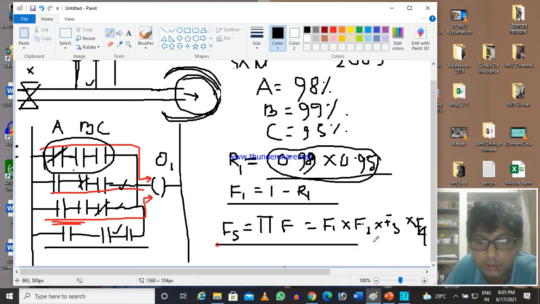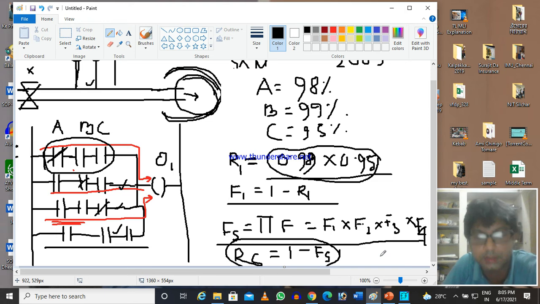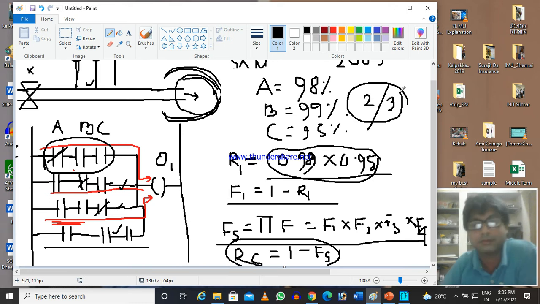You can find out that. Once you find that, then you can find out the overall reliability also. RS is equal to 1 minus FS. And you can see, after calculating, definitely the overall reliability will be increased. Okay. So basically this was about 2/3 voting logic, and I have shown the implementation.